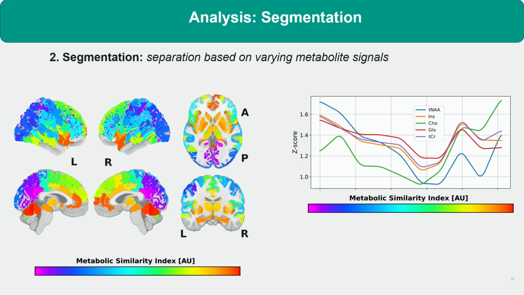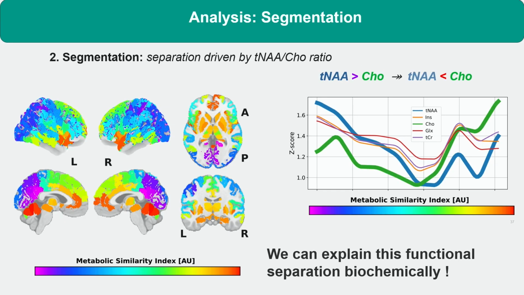The new thing is that we can inverse map this into metabolic space. So we now know that the occipital lobe has that particular separation from the rest of the cortex. Why? Because it has more TNA and less choline. We now know that the subcortex is different from the rest of the cortex. Why? Because it has more choline than TNA.